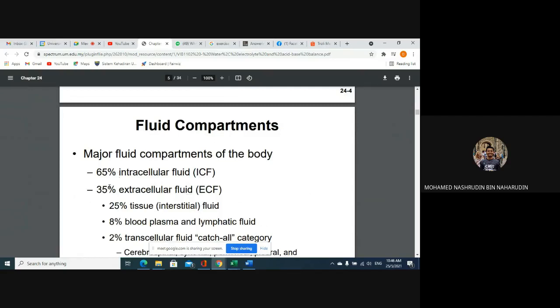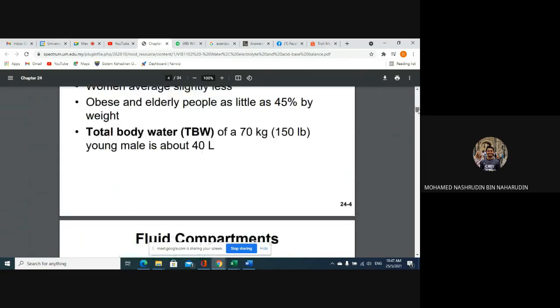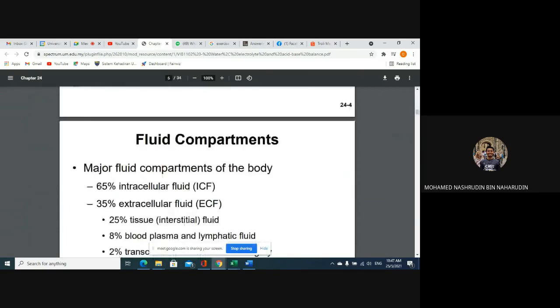So this is 65 and 35% not from your body weight, but from the total water of your body, from these 40 liters, or from the 60% of your body weight. 65% of the 60% total body fluid is intracellular, and the remaining is extracellular. I hope you can understand.